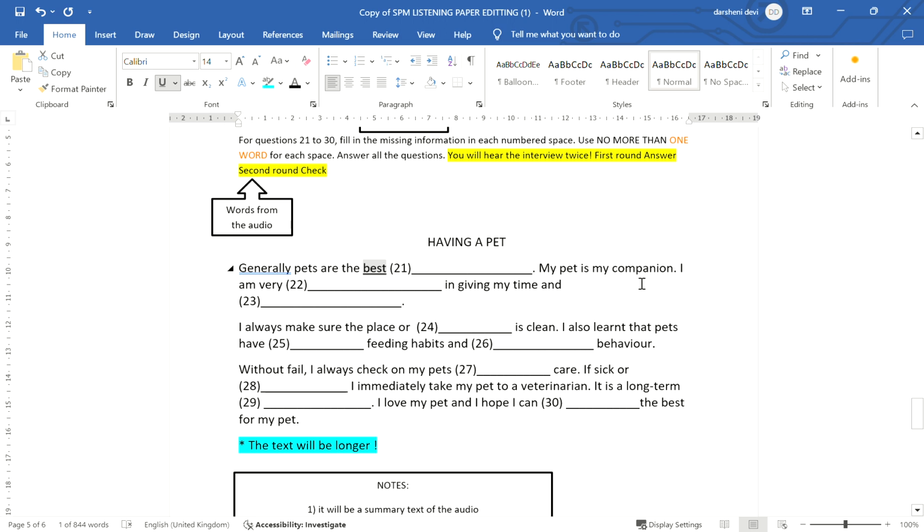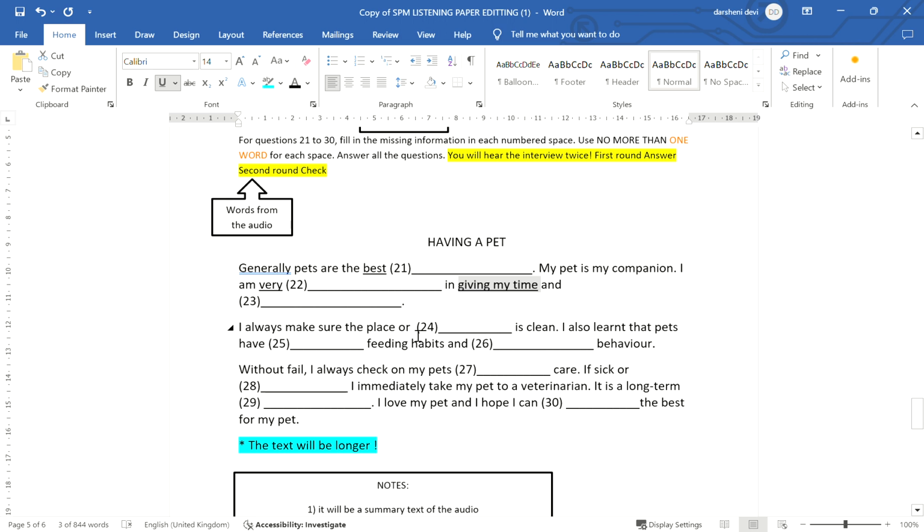My pet is my companion. I am very, so very is a keyword. In giving my time, so this can also be a keyword. While you're hearing the audio, if you hear words like very, then maybe the following word is what is missing, or in giving my time.